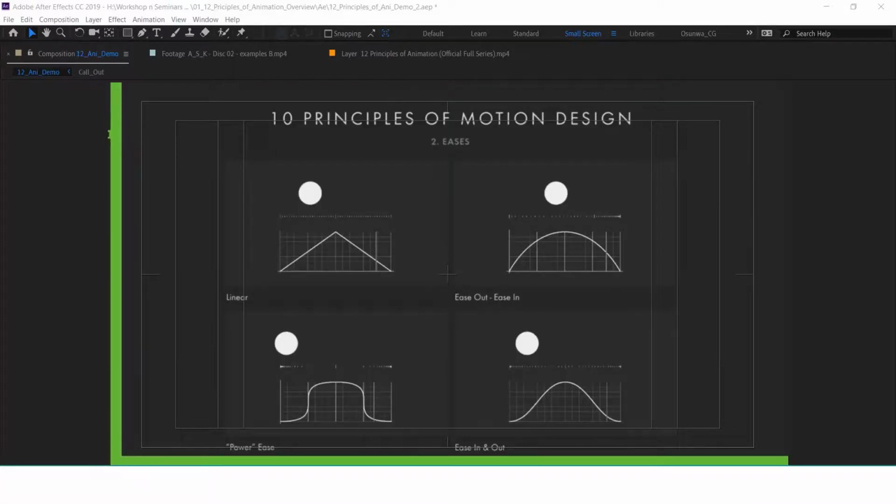Now this whole idea of making the frames close to each other, and making them far apart from each other, is also represented in animation software.